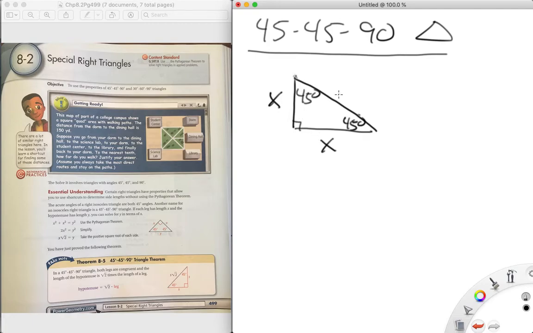Then we can say that this, the hypotenuse, will always be equal to x times the square root of 2.